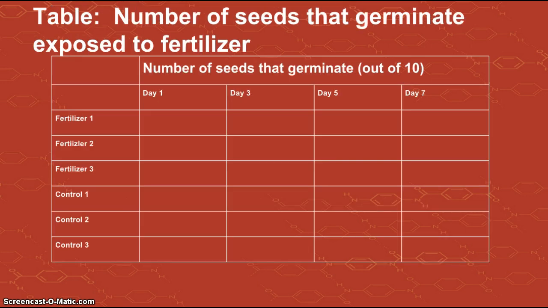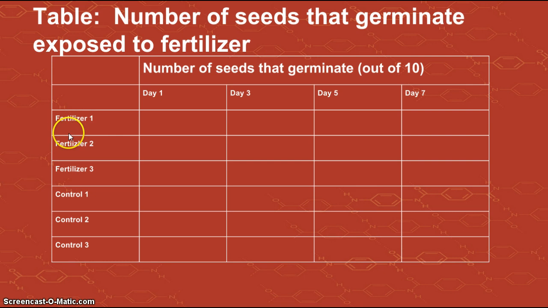Before you start your experiment, you want to make sure that the variables that you are going to be testing are outlined on a table, and that way you know that you are going to be testing exactly what you say you're going to test. So for example, if we were looking at the impacts of fertilizer on germination of seeds, then I would create a table with the number of seeds that germinate.